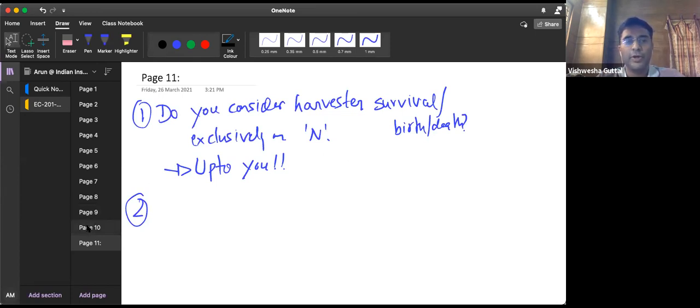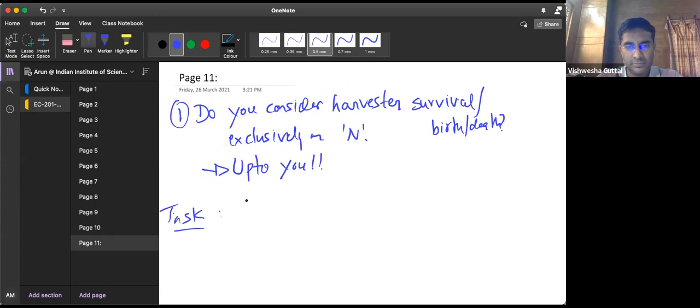Is that fine? So write the assumptions and then write the equations. So your task is make your own assumptions. List them very clearly about harvesters and those who are harvested, and then write the model.